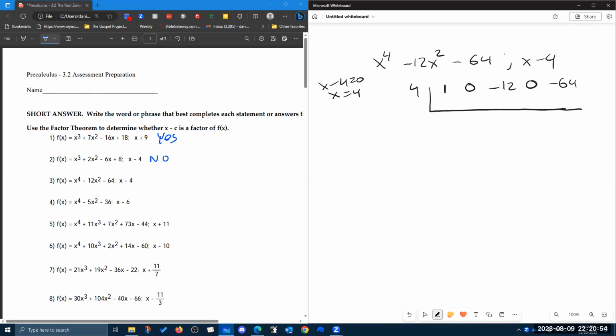That's my x to the 4th term, my x cubed term, my x squared term, my x term, and my constant term, right? Bring down, multiply, add, multiply, add, multiply, add, multiply, add. I get a remainder of 0. So this is yes.